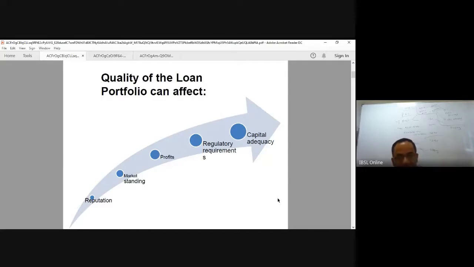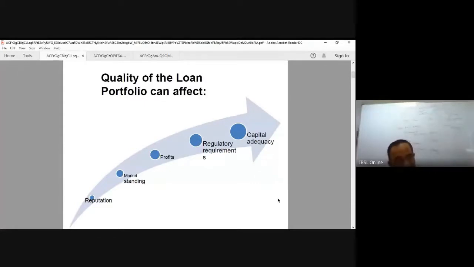The quality of the loan portfolio can get affected by various factors. Some of the factors are like the reputation. Say a financial institution is found investing in very risky proposals. There's a reputation that maybe their risk appetite is much higher, and that gives a lot of signals to the market.